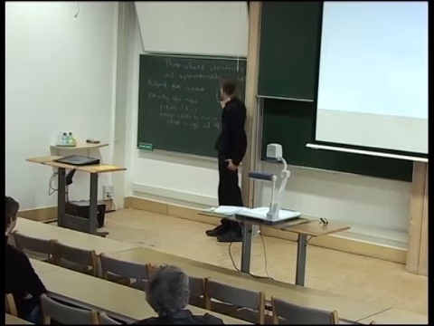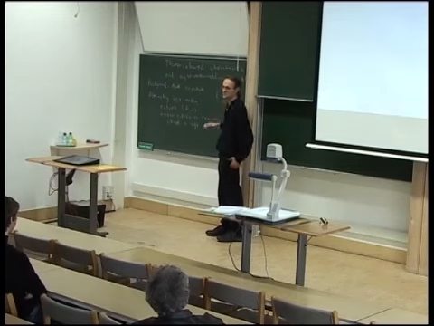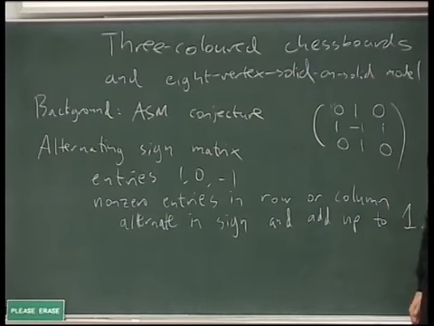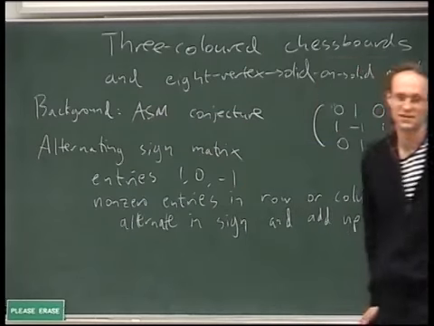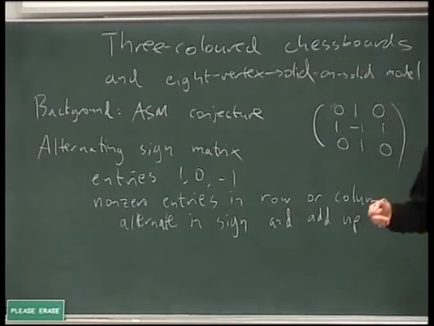So this is the only 3x3 alternating sign matrix that has a -1 in it. So that means that for 3x3 matrices, the number of alternating sign matrices is 7. So the alternating sign matrix conjecture is to compute the number of such things.